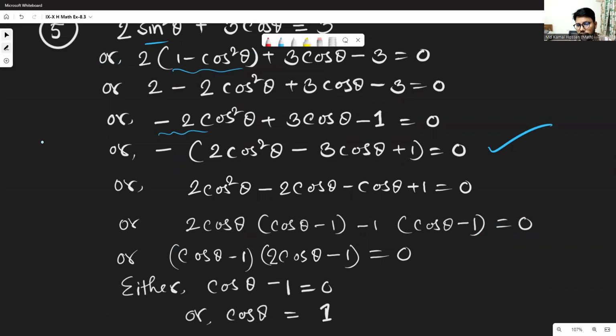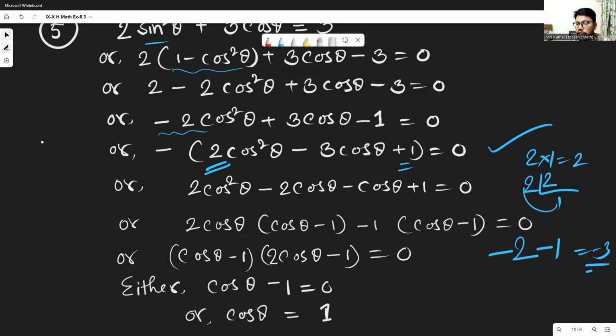So now do the middle term factor. There is a 2, this is 2, and there is 1. 2 multiply 1 is 2, and take the LCM of 2 and 1, which is 2. And here minus 2 minus 1, there is minus 3. So if we consider both are negative, we will get minus 3. Also minus 2 multiply plus minus 1, there will be plus 2.